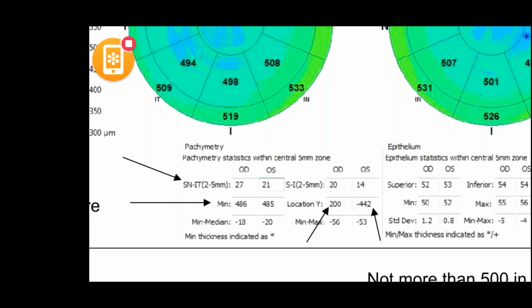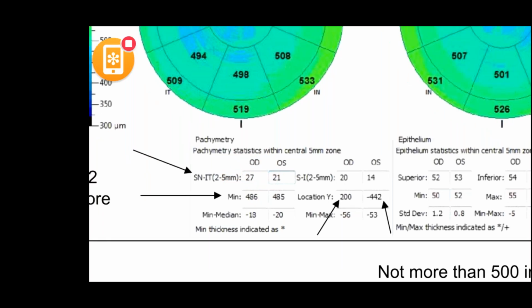In keratoconus, the thinning usually starts at the inferior temporal area. So if the difference is more than 42, then it's very, very significant. Okay? More than 42, very significant.